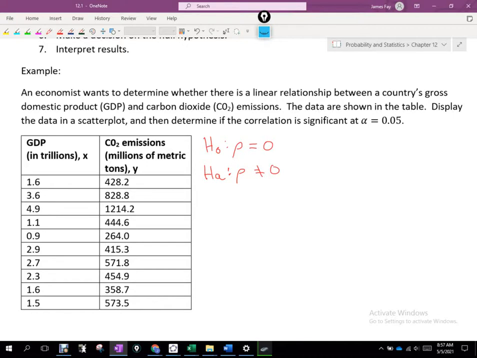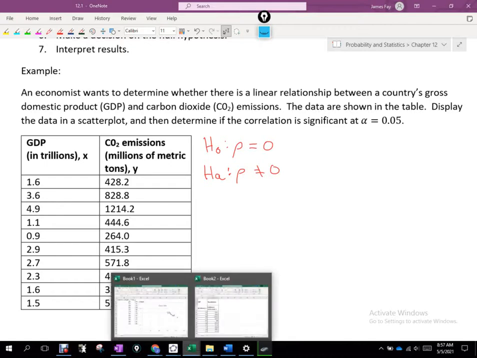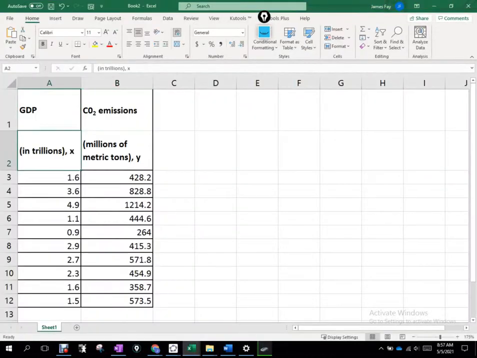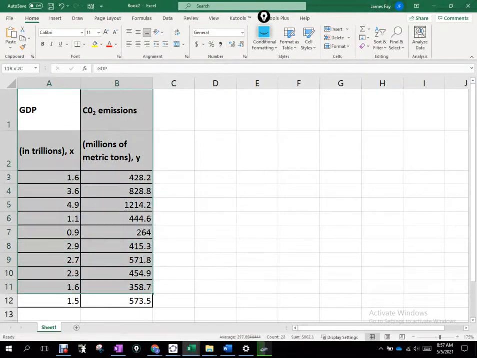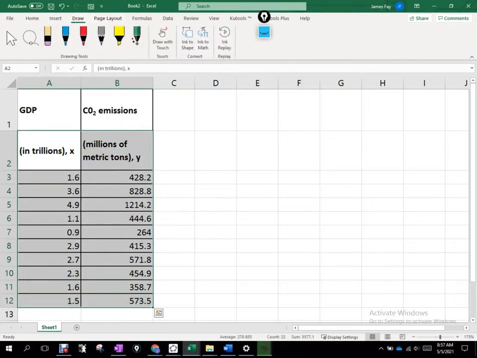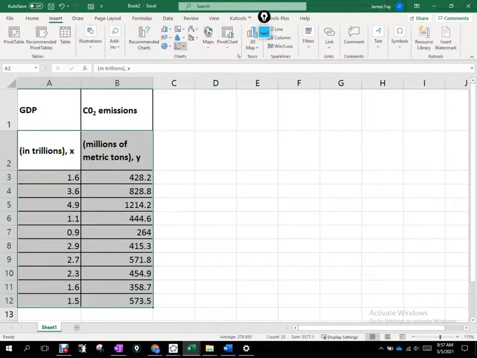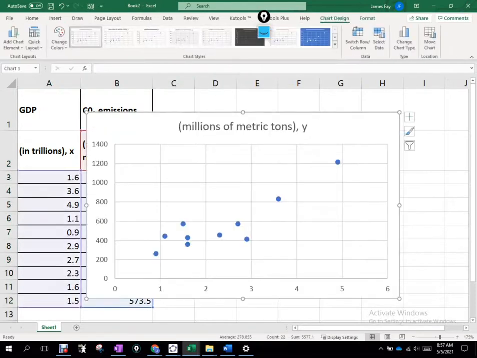So the data are shown in the table; display the data in a scatter plot, then determine if the correlation is significant. Our scatter plot would look something like the following. I'm going to take this data here, select those, and go to Insert, Scatter Plots.